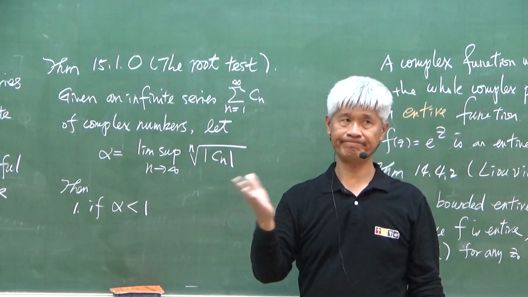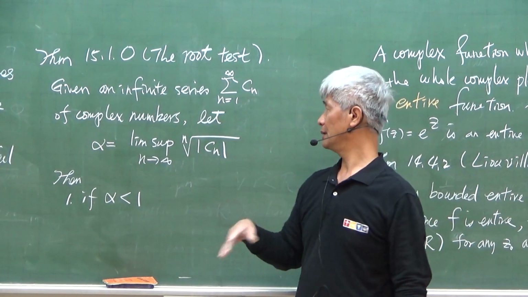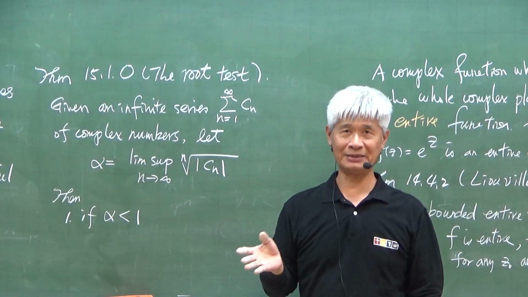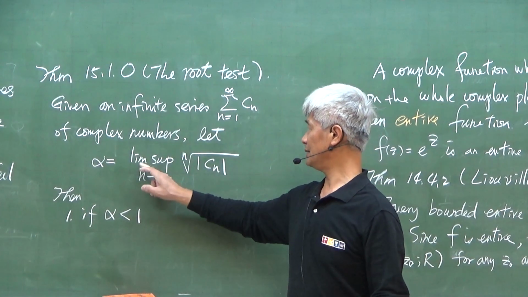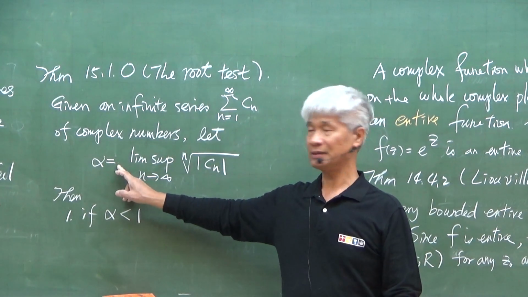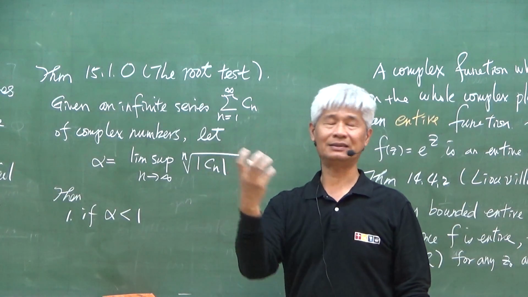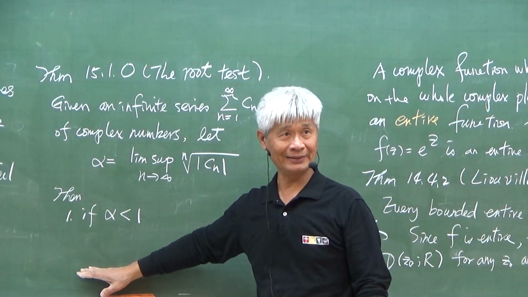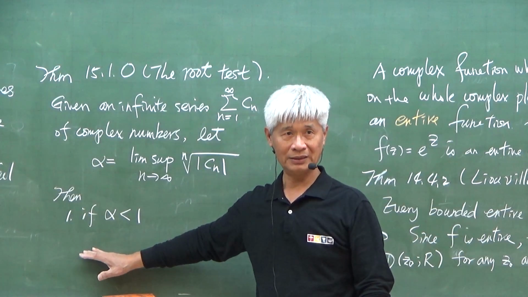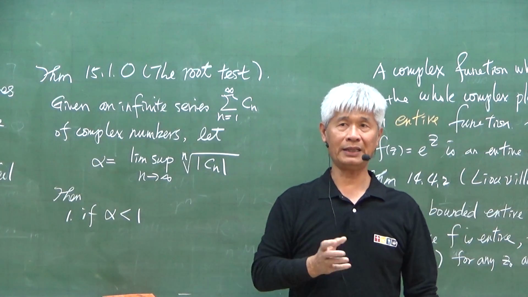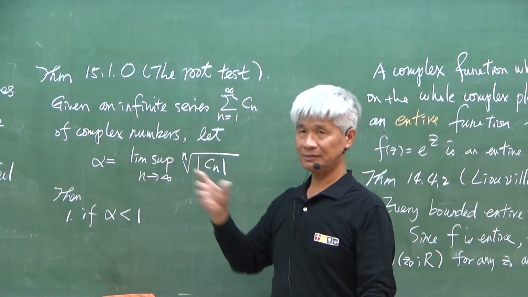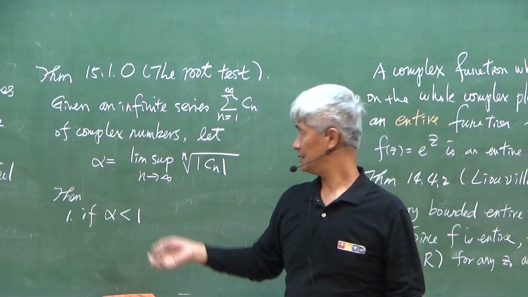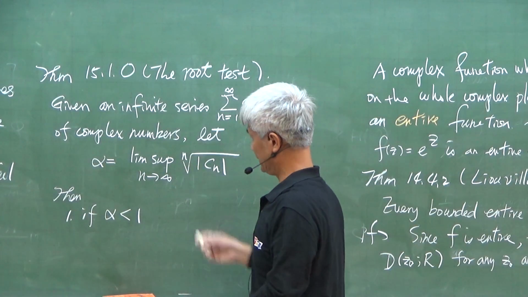The limit may not exist, but the lim sup always exists. This is why alpha is always there for you to do the test. So we use lim sup.